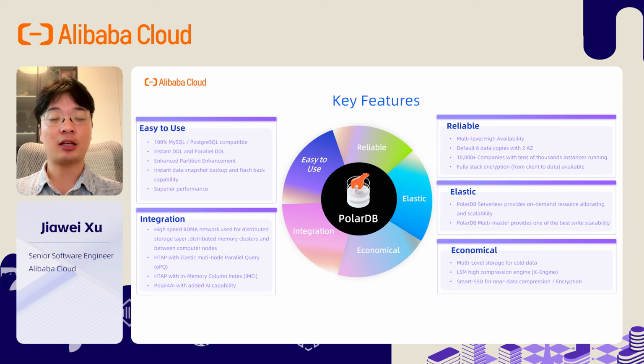It's highly elastic thanks to PolarDB Serverless for on-demand resource allocation and multi-master for rapid scalability. It's economical, optimizing costs with multi-level storage, high compression engines, and smart SSDs. And it offers deep integration, leveraging high-speed RDMA network, compatibilities for both transactional and analytical workloads, and even AI integration through PolarDB for AI.